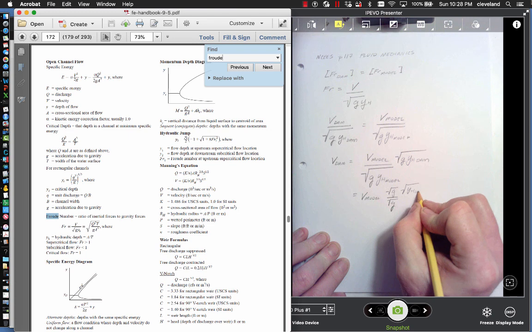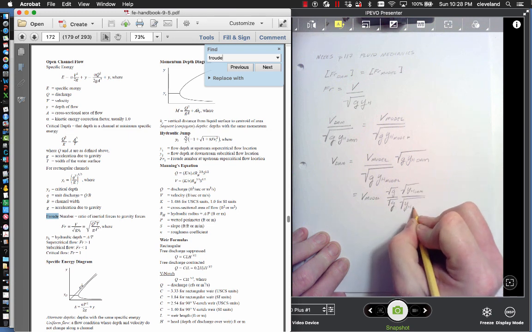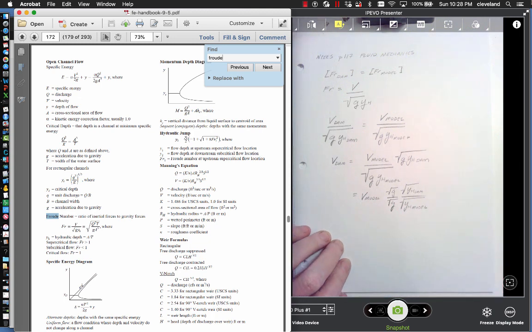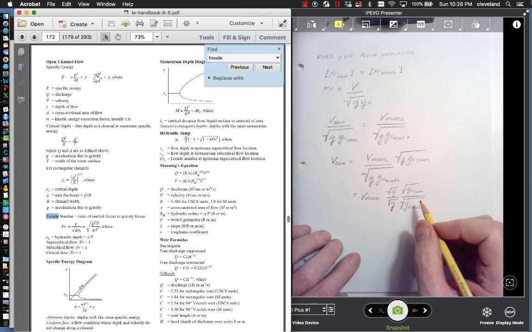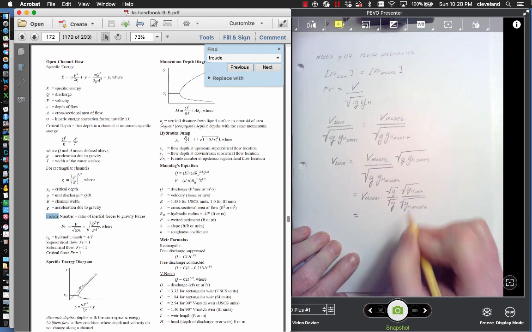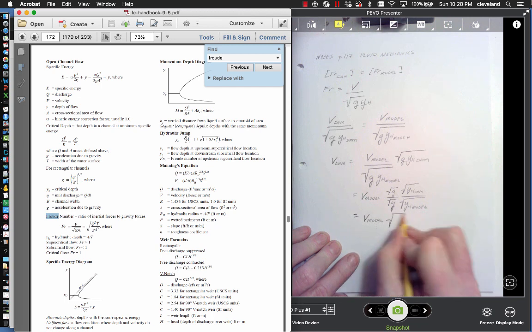Root y sub h dam, root y sub h model, and we know that the ratio y sub h dam to the model is 15 to 1. We're told that. So this is v model, square root of 15 to 1.